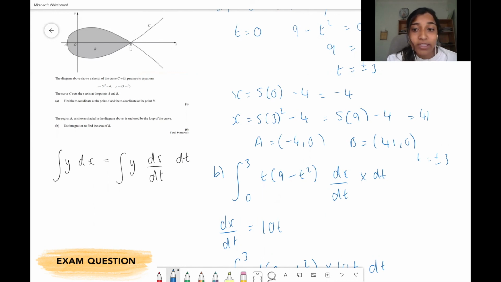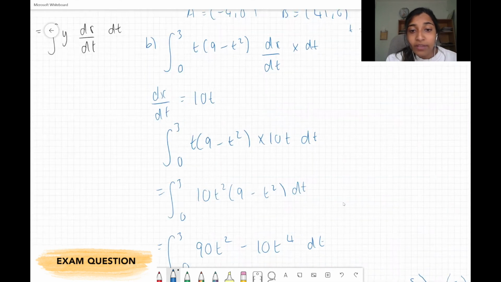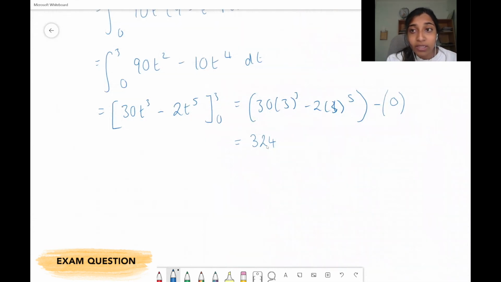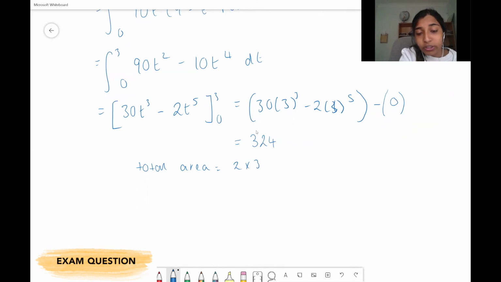Now if we were to do between 0 and minus 3, we'd get the area below the x-axis, and as you can see, they're just equal. So to find the total area of R, you want to times this by 2. The total area is just equal to 2 times 324, which is 648. So that is our final answer.